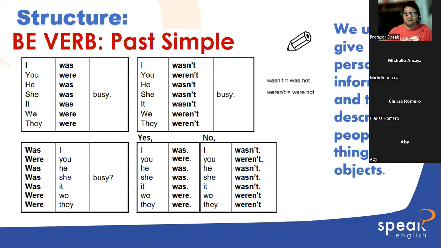Pero es como reflexionando, ¿verdad? Entonces uno puede responder de esa forma si está hablando con uno mismo. Pero si es una conversación, por lo general no lo hacemos de esa forma, sino que si digo was I, la otra persona me puede responder yes you were, no you weren't.